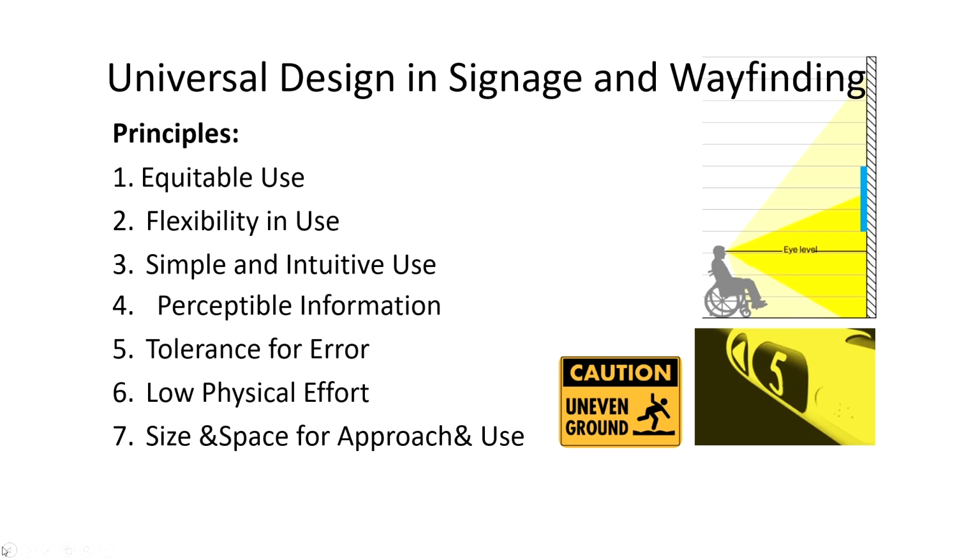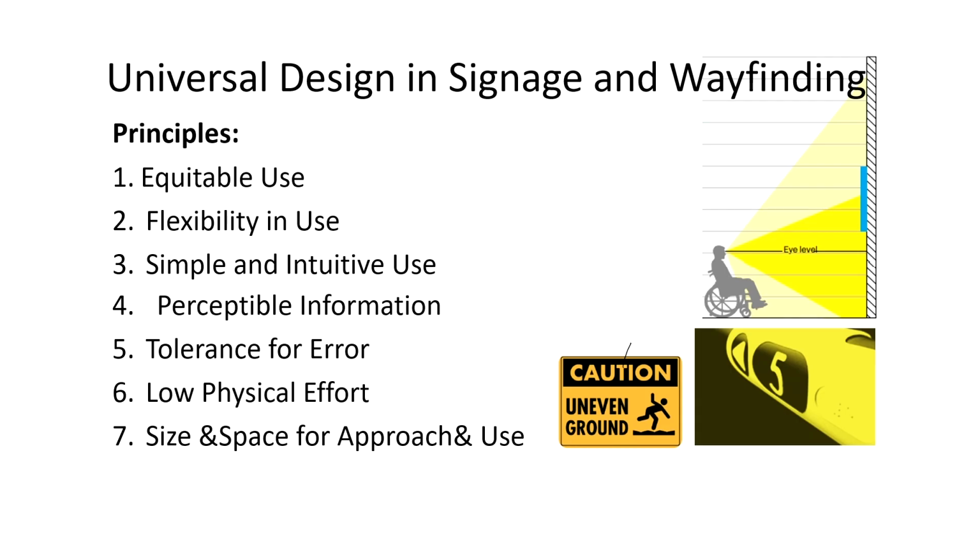For example, using high contrast colors and large, easy to read fonts on signage ensures that the information is equally accessible to everyone, including those with visual impairment, maybe low vision. Like here, if you see, the contrast of the yellow and black is around 90%. So this could be a good signage and a good example for this.